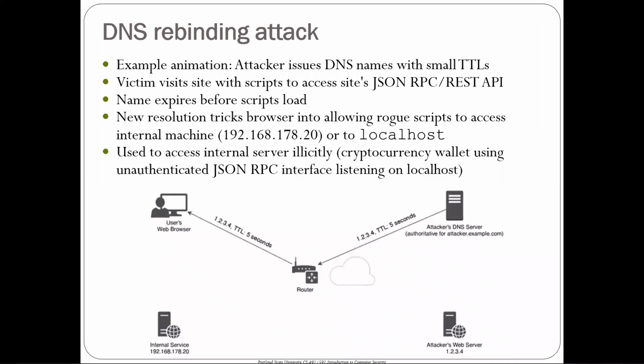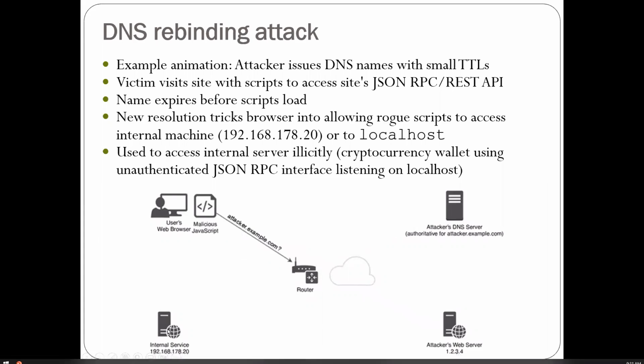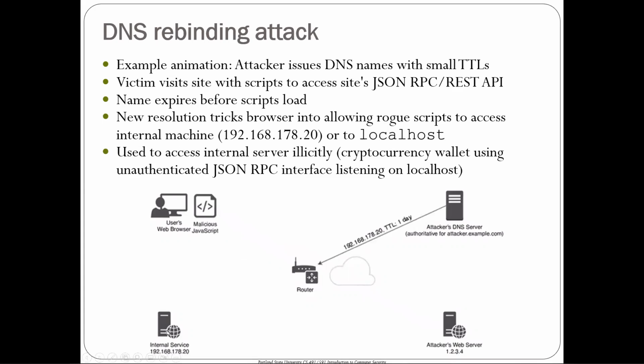This is a problem because a lot of these crypto wallets were built to run some web server, some JSON RPC service, have it listen on localhost, and assume that you have to be on the machine in order to access your crypto wallet. If you allow unauthenticated access to your local crypto wallet, then the adversary is going to deliver you a malicious script, rebind the address of that script so that it hits your internal service, and then as part of the script, send your private wallet keys somewhere else.